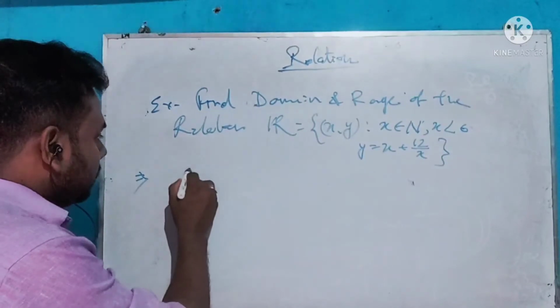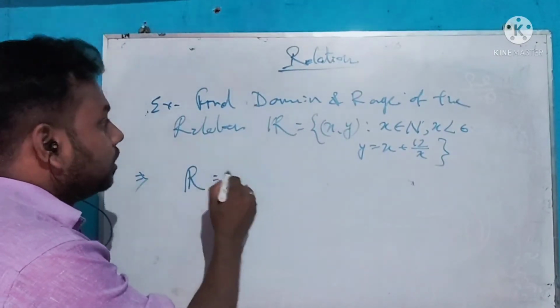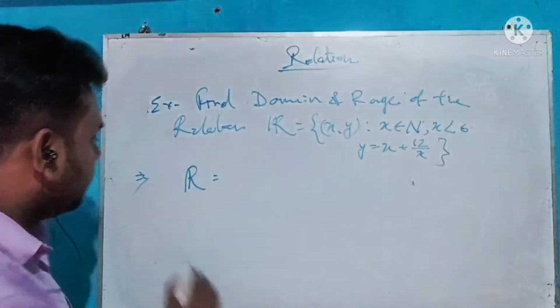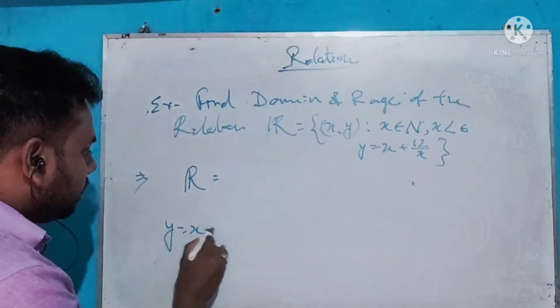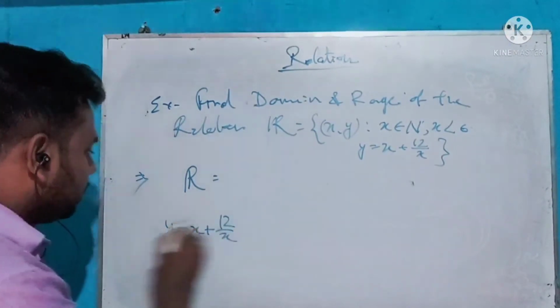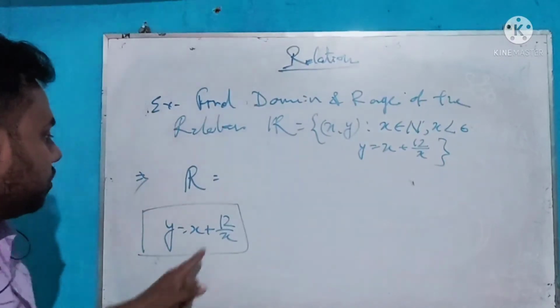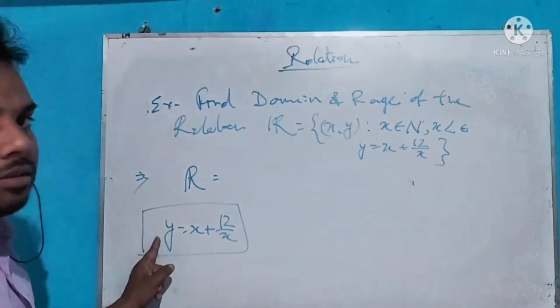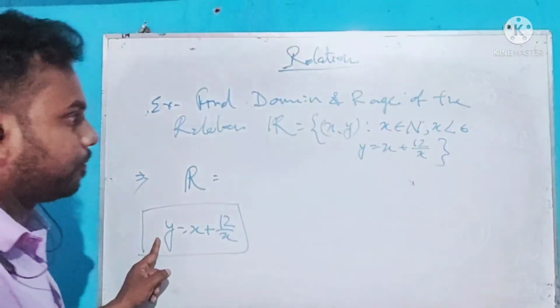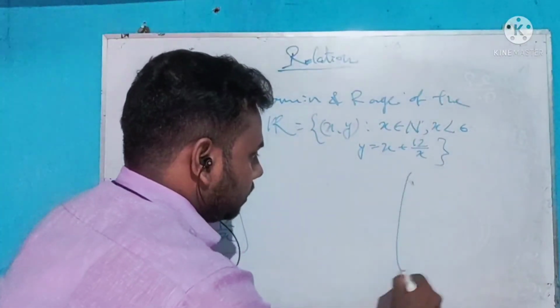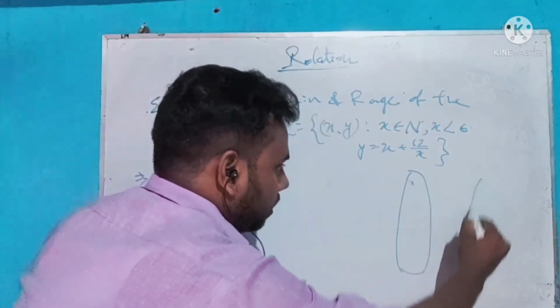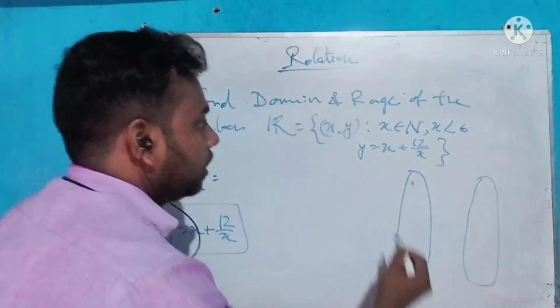So let's do it. Here the relation is y is equal to x plus 12 by x. That means we put in the value of x, then we get the value of y. If I represent this as a pictorial graph, you can also draw the pictorial graph.